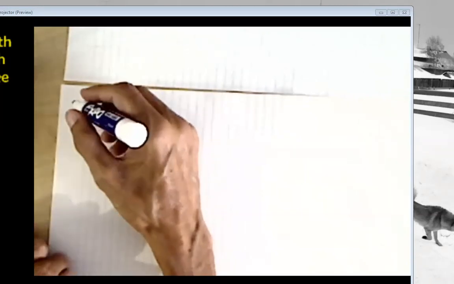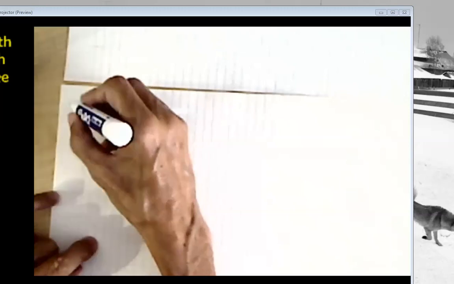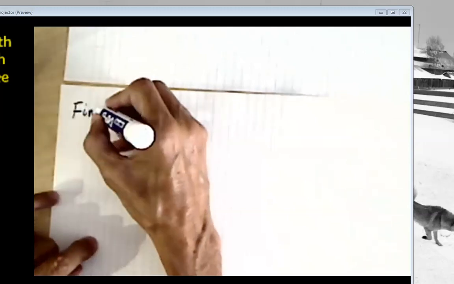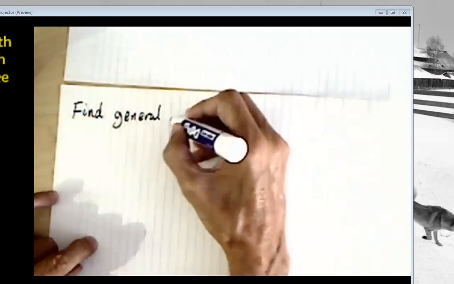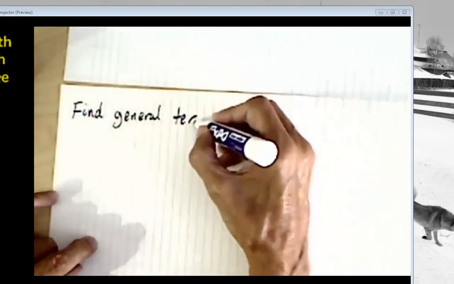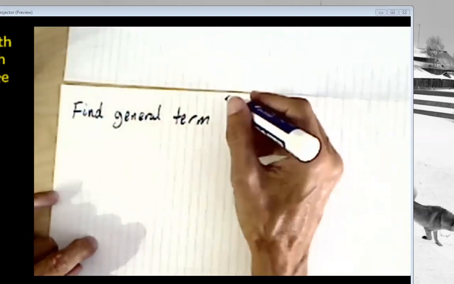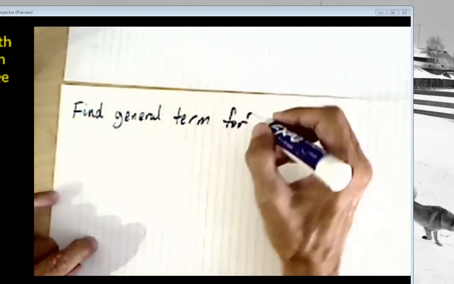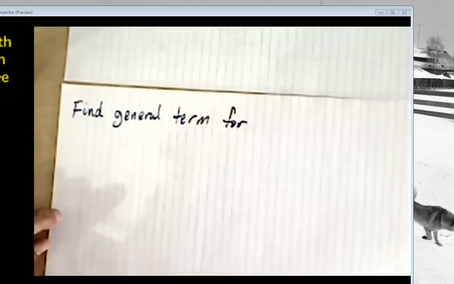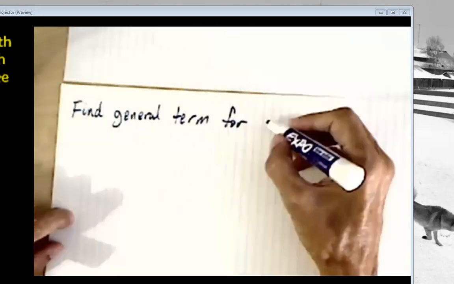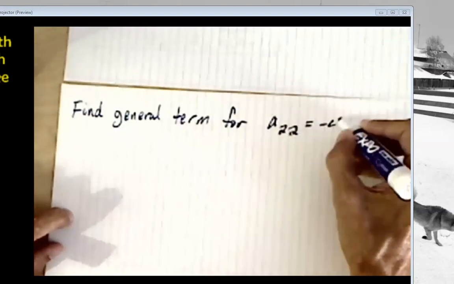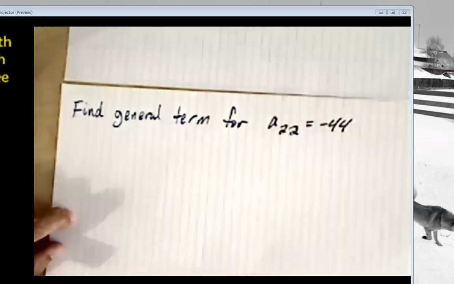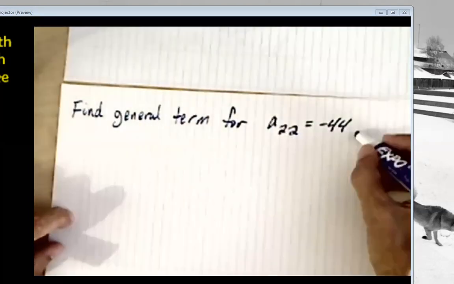So let's say, same style of question. Find the general term, but we're given this instead. What we got? A22 is minus 44, and D is equal to minus 2.